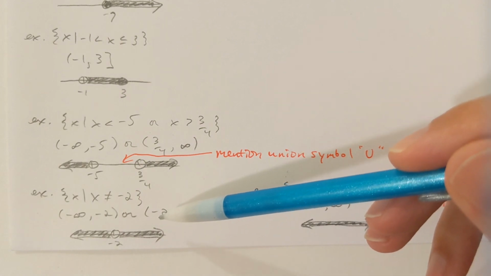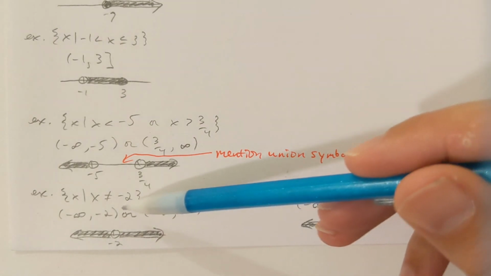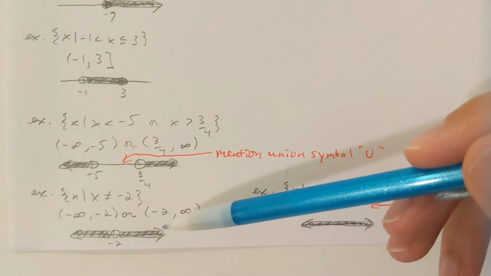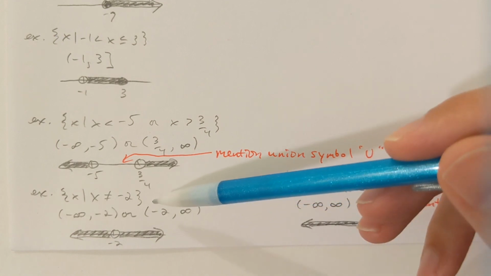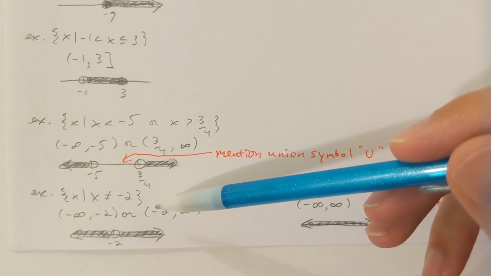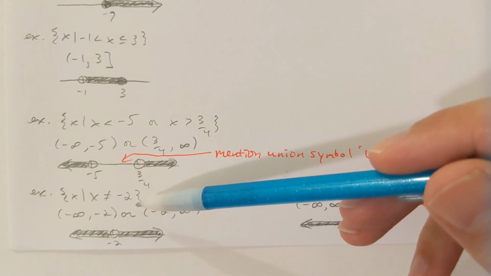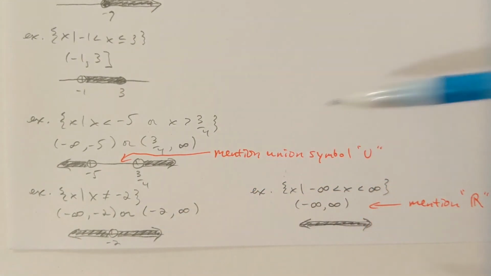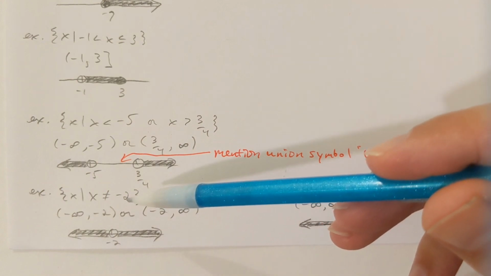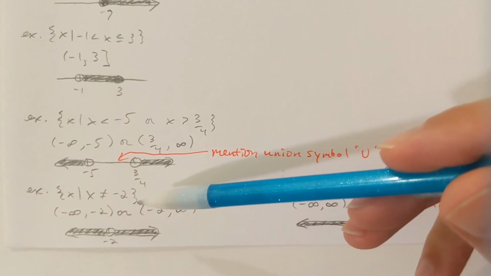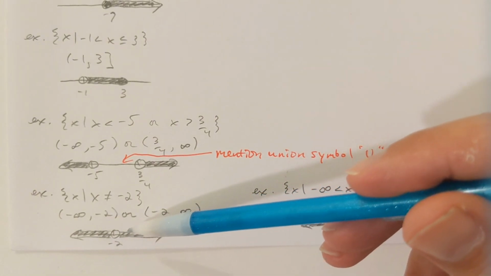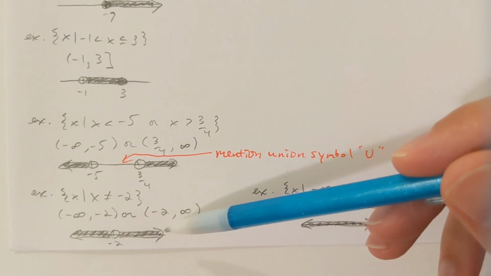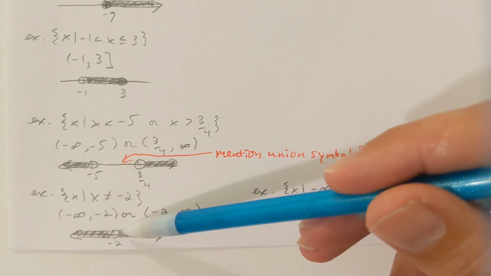The only thing is that I want to make sure that I'm not including negative 2, so I'd want a parenthesis by negative 2, and so I'm not including that number. Here's my set on the number line. Here's negative 2 with an open circle there.